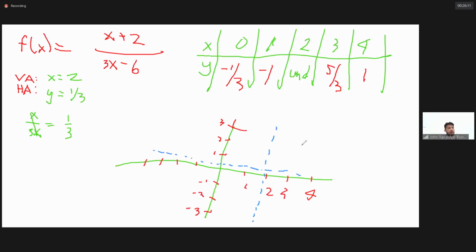Okay. Now, next one, you're going to plot now the values there. 0, -1/3 is somewhere here. Okay, somewhere here. Let's use another color. Okay, 0, -1/3. Oh, no, here, sorry.